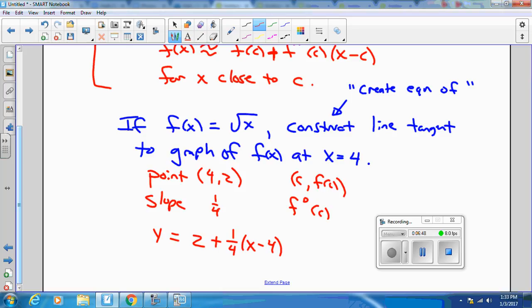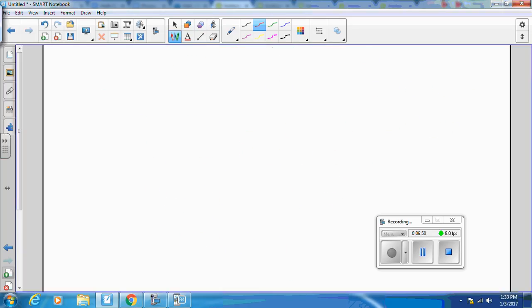Now, here's how we apply this. This is amazingly powerful. Suppose I pulled you in off the street and I asked you, what is the square root of 4.1? In other words, I'm asking you, give me the positive number that when I square it, I get 4.1.